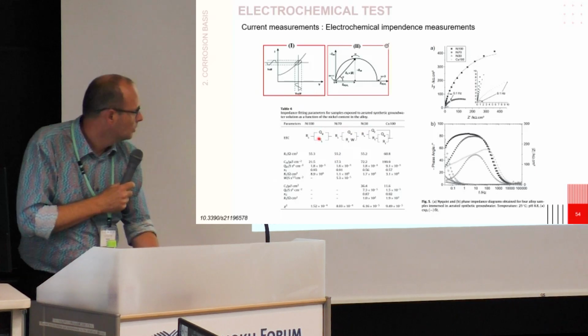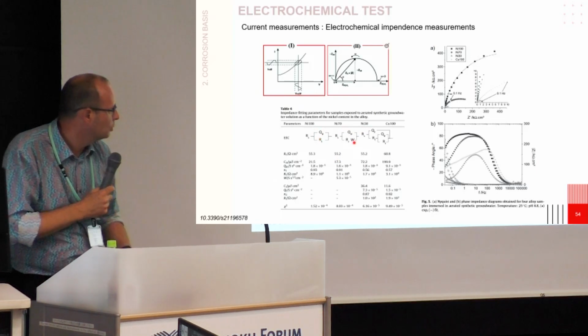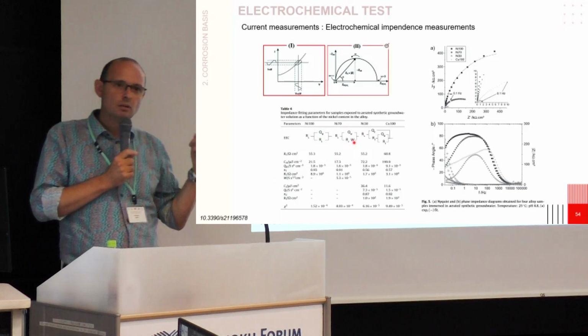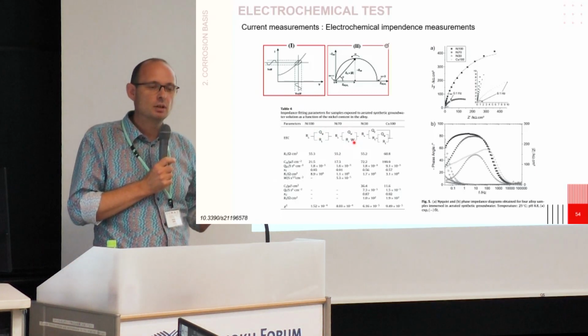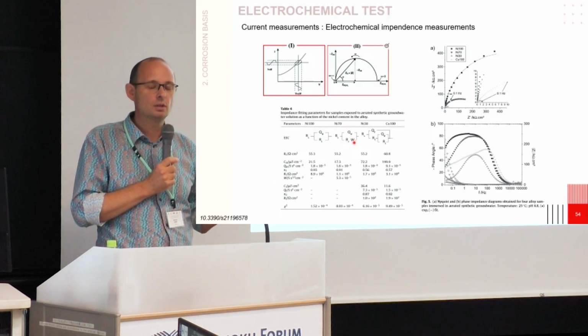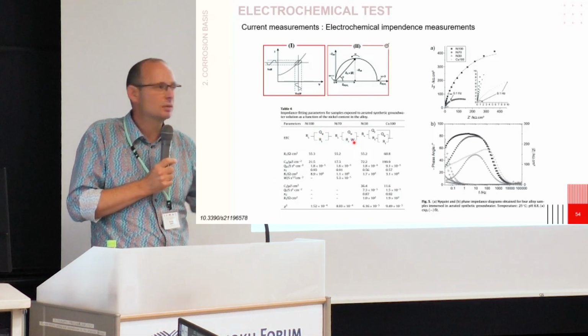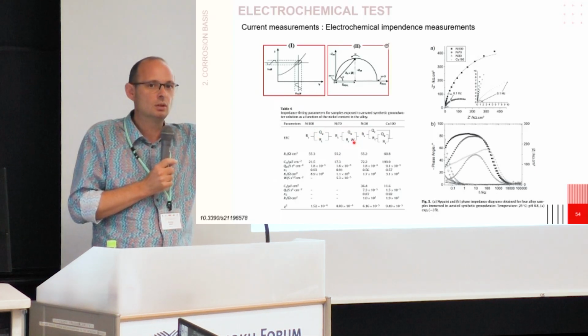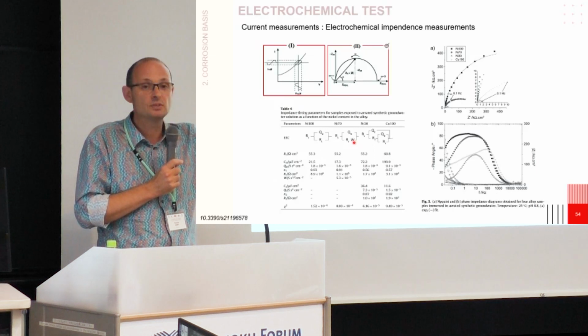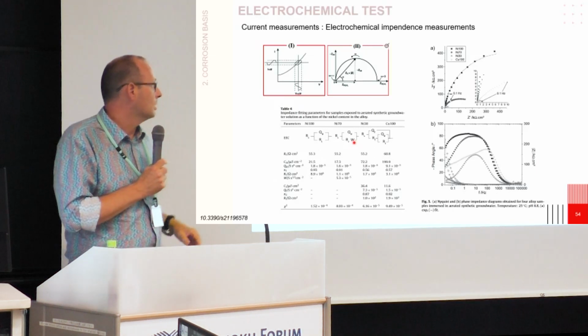Okay? And you can see here, there is what we call the Warburg. Warburg means that the system comes under the influence of mass transport of something. So that means that there is a mass transport of an active species in the system.